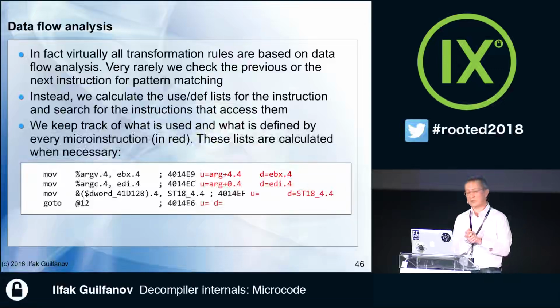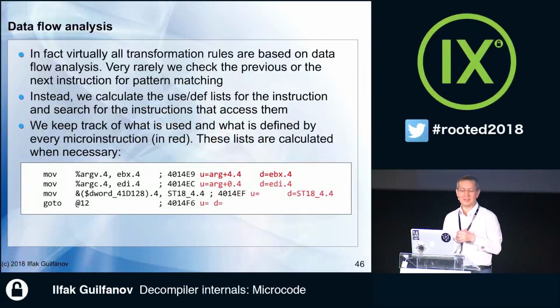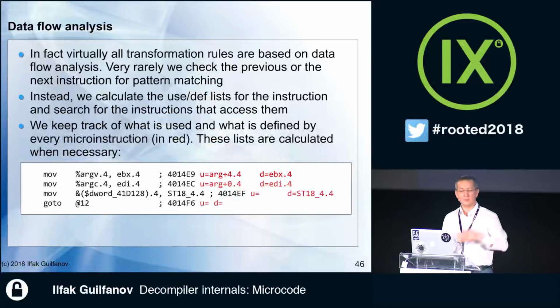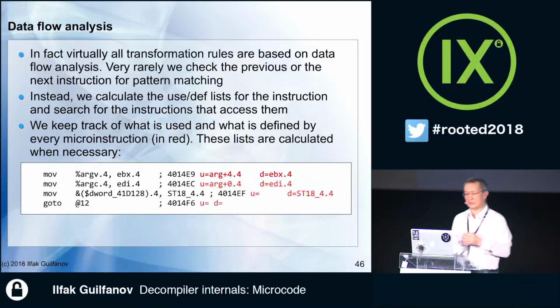For example, the move instruction, the first one, defines EBX and uses the arg+4 stack variable. These lists are calculated when necessary, and the decompiler relies on them even more than on the instructions themselves. We don't go backwards, for example, searching for the move instruction. No, usually we just say, find me an instruction that will define EBX, for example, and we can go backwards or forward to find the interesting instruction.